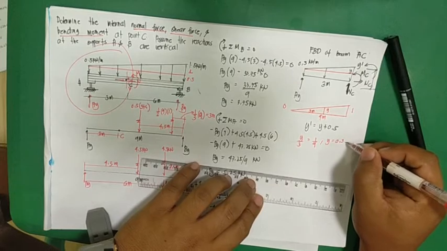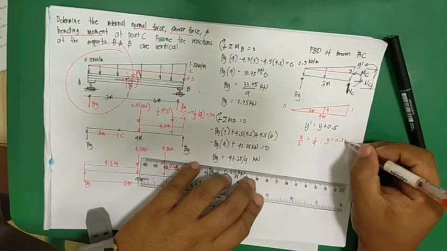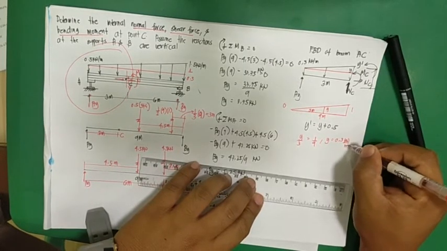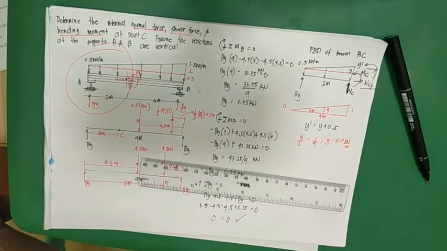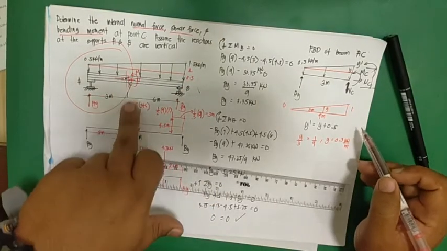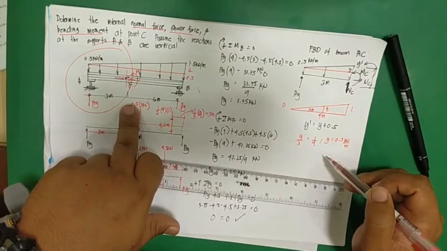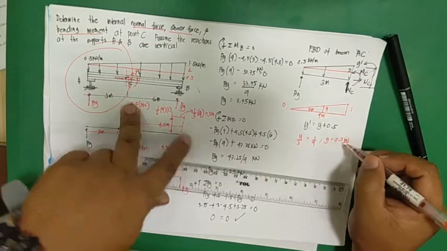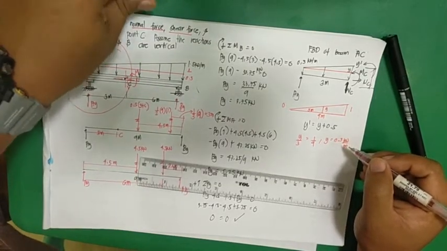0.3 kilonewton per meter. 1:9 and y is 3. Sorry.